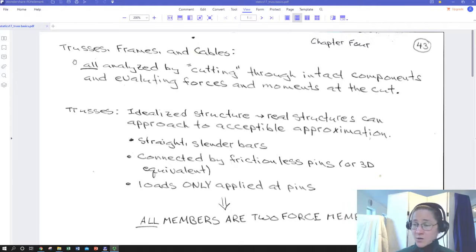So it could translate or it could rotate if the sum of the forces and moments wasn't zero. But it really didn't matter how those forces were applied. You could create an equivalent resultant force moment system that would produce the exact same translation and rotation. Well, what we didn't look at was what was going on inside the body.